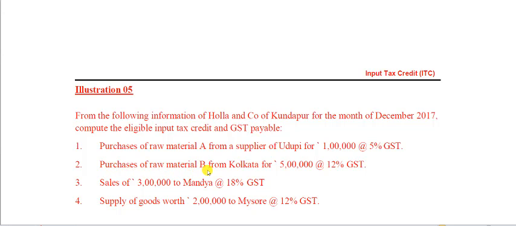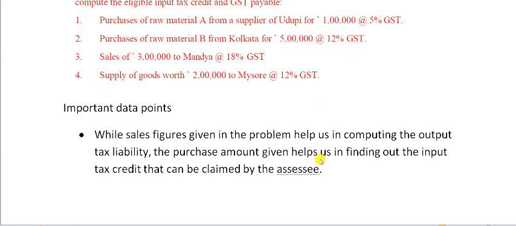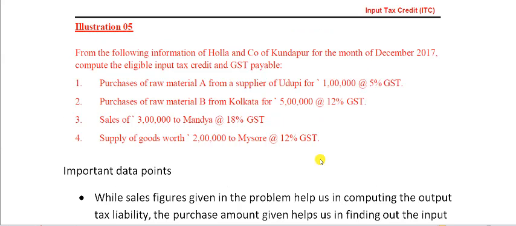Purchases of raw material B from Kolkata for rupees 5 lakh at 12% GST. Sales of rupees 3 lakh to Mandya at 18% GST. Supply of goods worth rupees 2 lakh to Mysore at 12% GST. This is the information given in the problem.